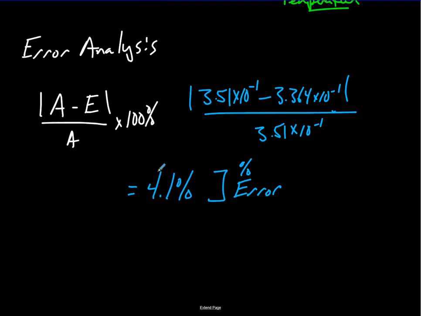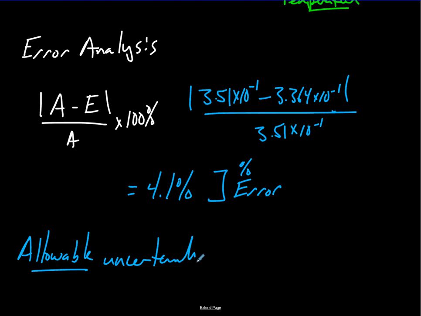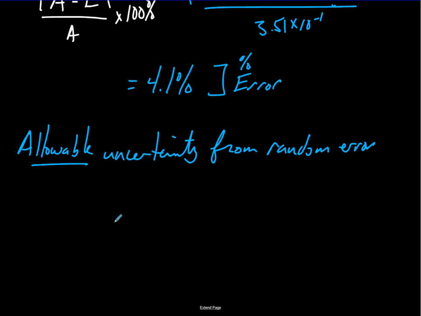Okay, so we call that the allowable uncertainty, or allowable error is another way of putting it. Allowable uncertainty from random error is 1.35%.